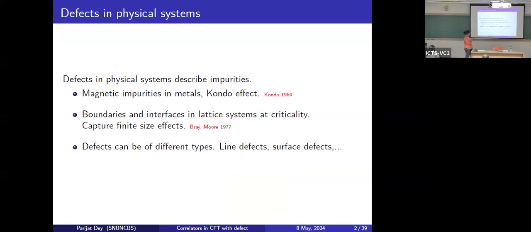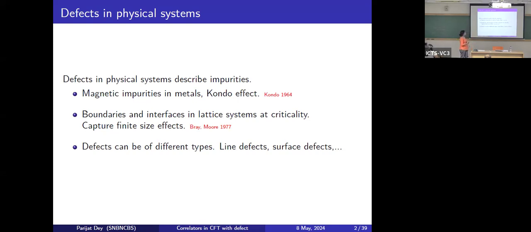So let's start with the idea of defects, why we care about this, and what it is good for. Defects are usually present in physical systems, and defects describe impurities in physical systems. To orient ourselves, we can think about some specific examples.